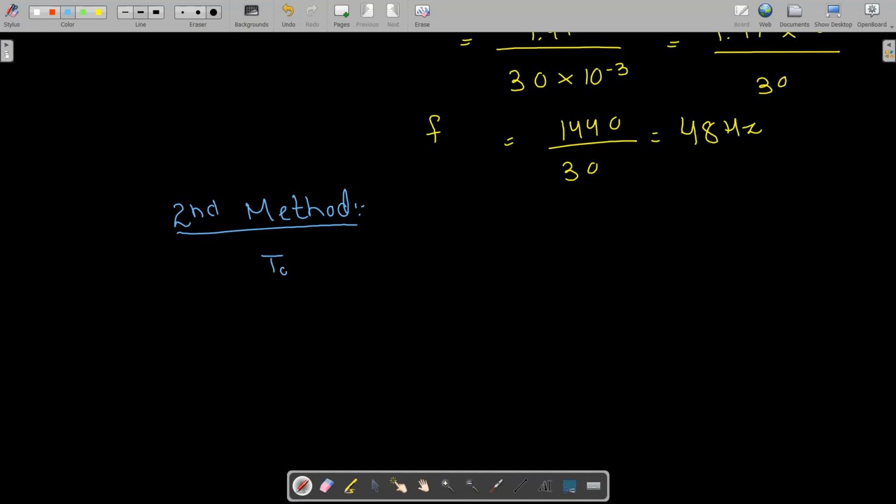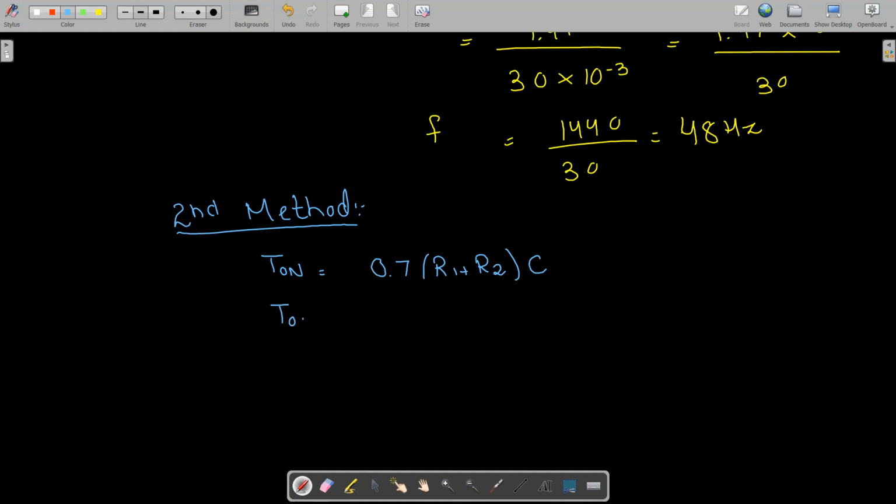So first of all, your T on time. The T on time is equal to 0.7 (R1 plus R2) into C. Fine. Here you can also write 0.693, 0.69, even 0.67. All are the same, but I have written 0.7 just to simplify.